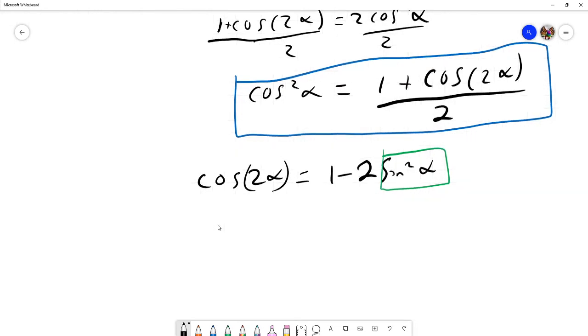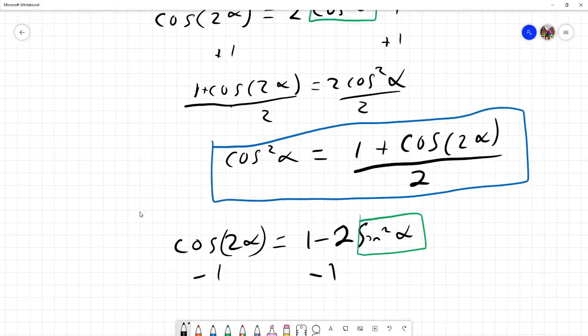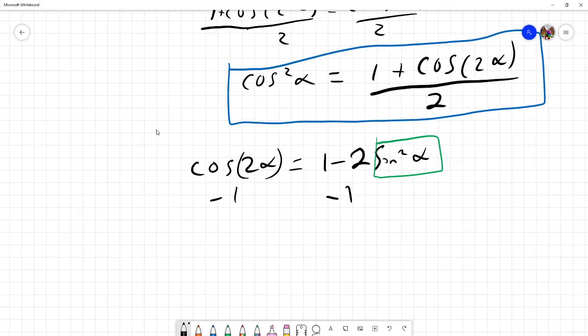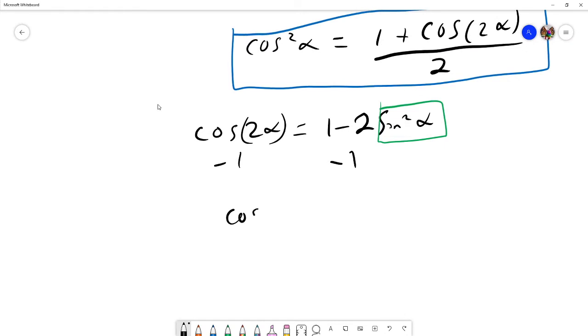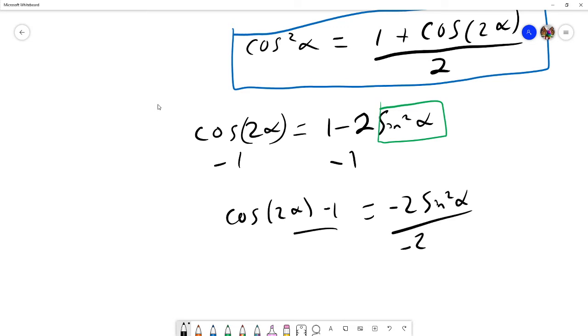So again, we will subtract the 1, and then we will also divide out 2, but in this case it's a negative 2. Well, in the previous example we had to add a 1, so slightly different, but whatever. See, we added 1, we subtract 1 here. So we get cosine of 2 alpha minus 1 is equal to negative 2 sine squared alpha. We divide out the negative 2.